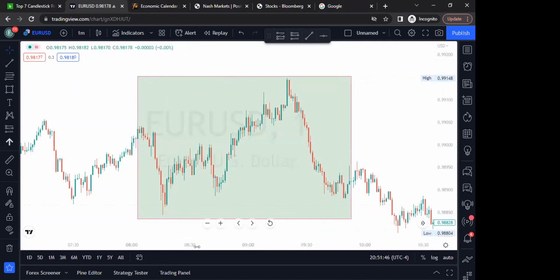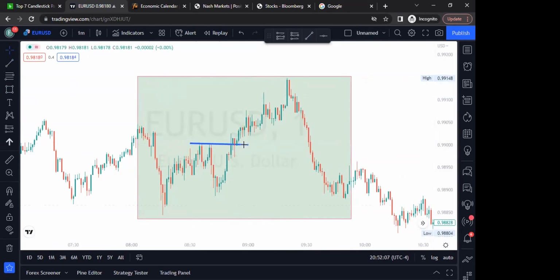If I'm looking to buy right now, and I see price creates an equal high here, I will wait until price rejects from this and comes back down before I place a buy. Because if I do place a buy, it's always going to be to target a high or to target a low.